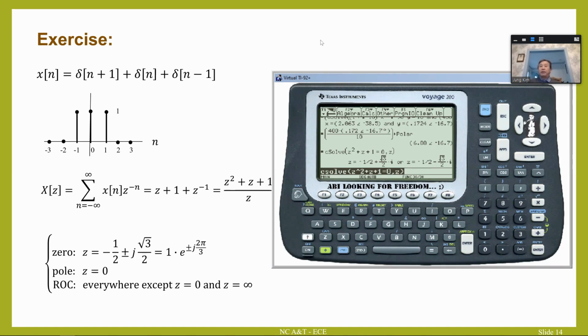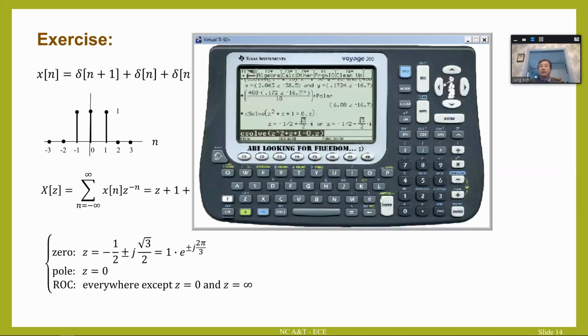If I enter here, then clearly z is minus 1 over 2 plus square root of 3 over 2 j, and then the minus, which is the conjugate.